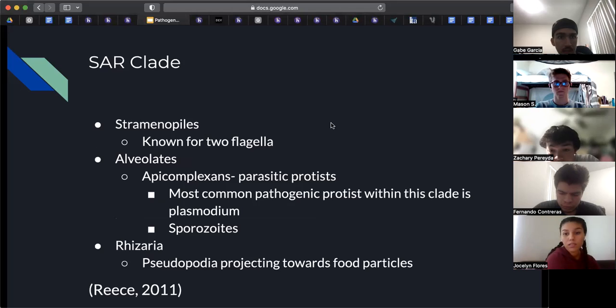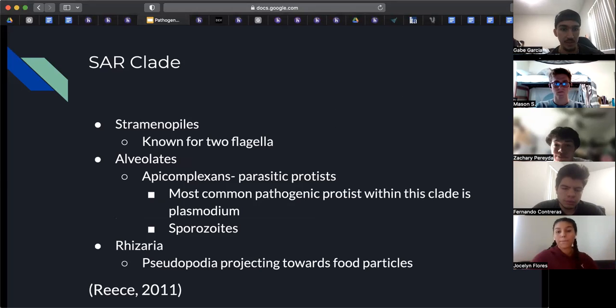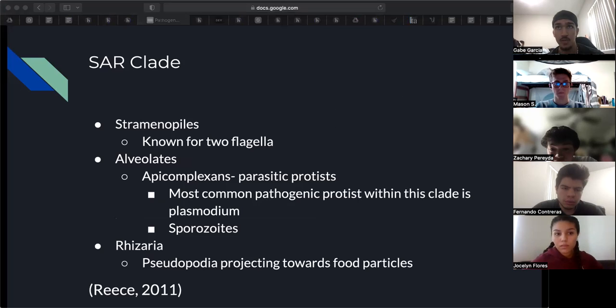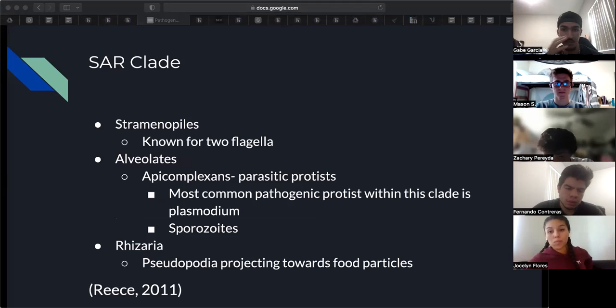Next slide. Okay, so the SAR clade includes stramenopiles, alveolates, and rhizaria. Stramenopiles have one flagellum that has hairy extensions attached to it, while another flagellum is just smooth. Both are responsible for the motility of the organism.